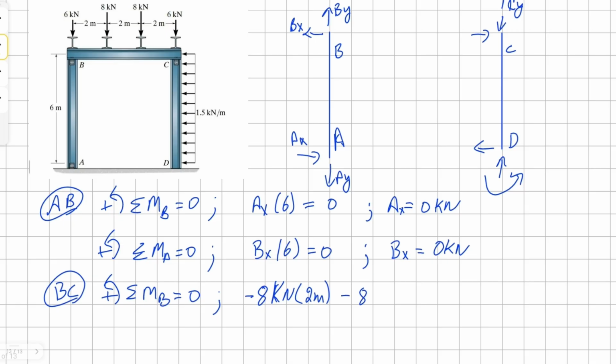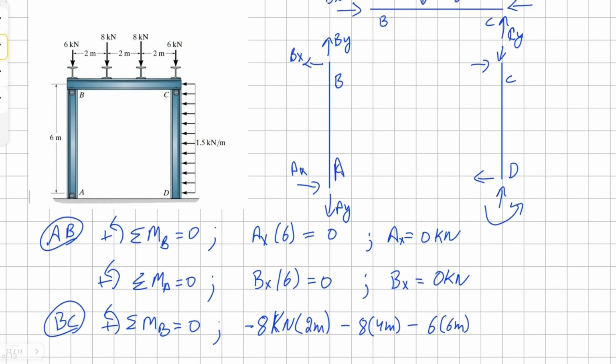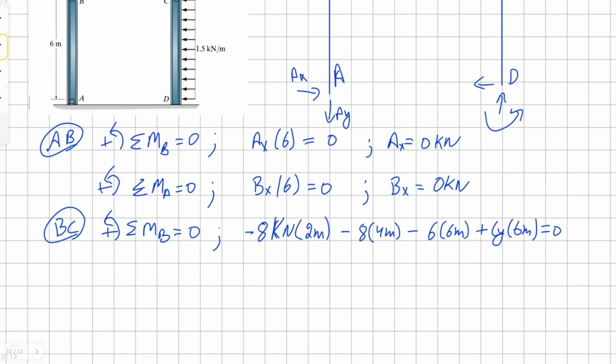We have another one at 4 meters away, and we have another point load that's clockwise as well, and it's 6 meters away. And finally, we have a reaction for our vertical component for point C, and it's counterclockwise, therefore it's positive, and it's 6 meters away as well, all equals to 0. Solving for this, we get Cy as 14 kilonewton.